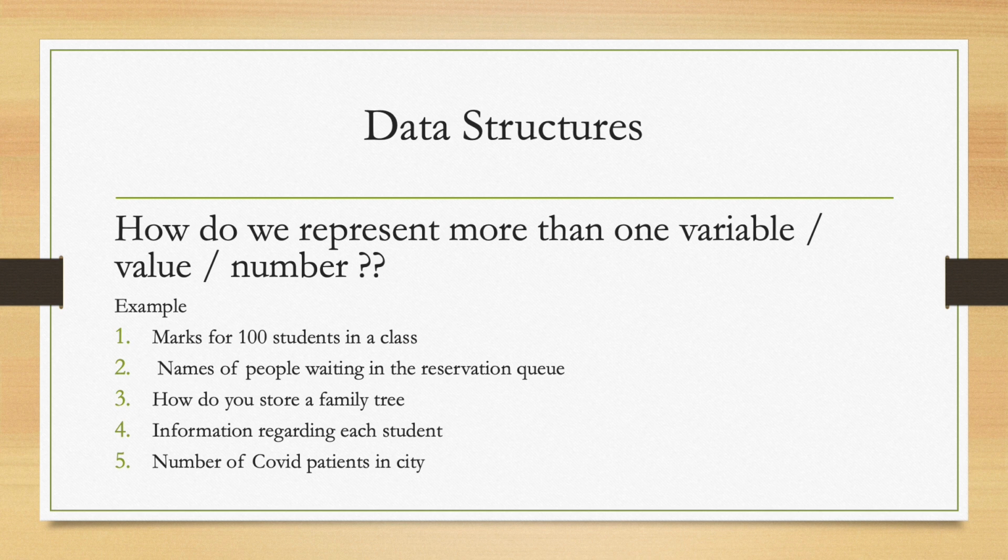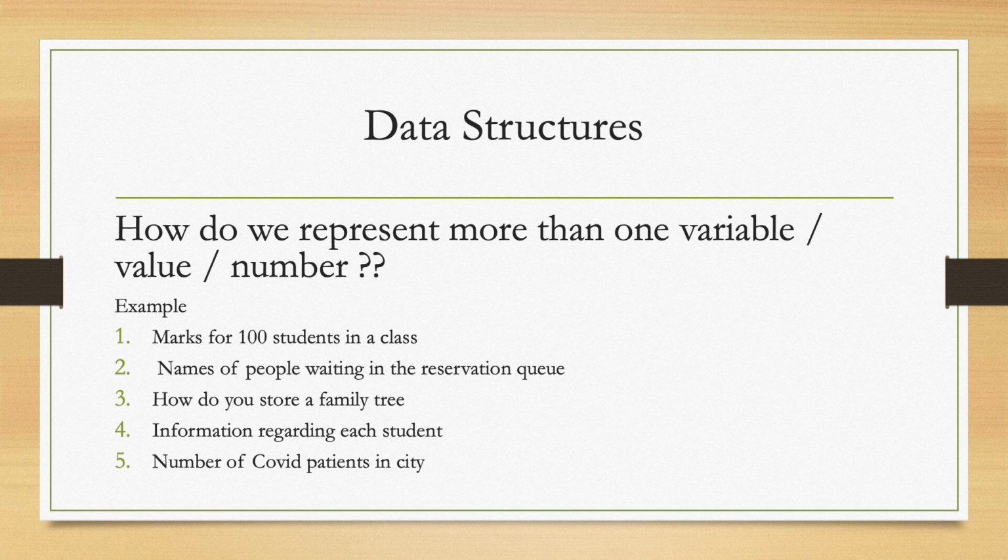Examples of this are: we might want to write marks of 100 students in a class, or write the names of all the people standing in a reservation queue, or store the names of people in a family tree.